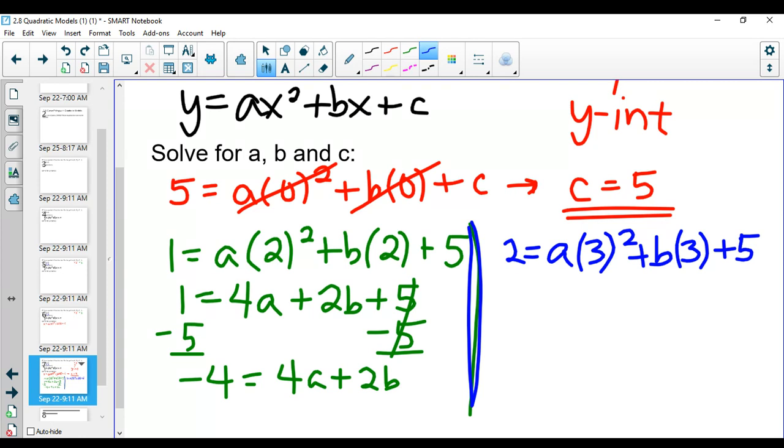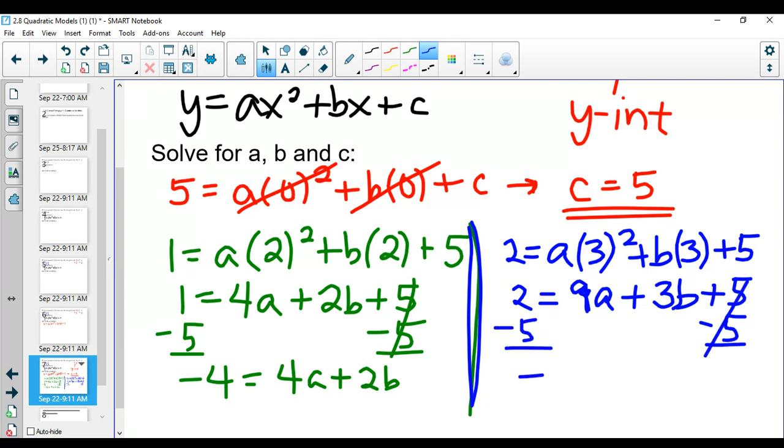I'm going to simplify the a and the b terms, and then I'm going to move the 5 over to the other side. 3 squared is 9. So we have 9a plus 3b. And then I'm going to move the 5 over. So here are my two equations.